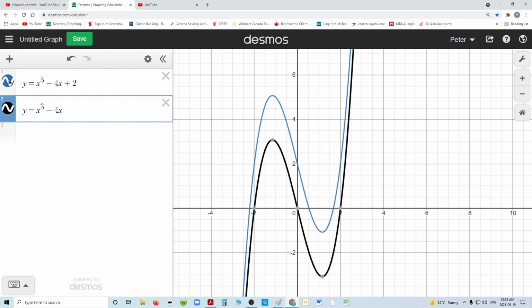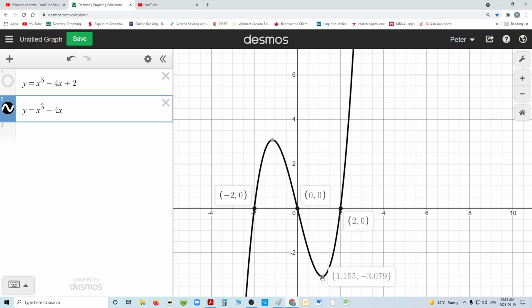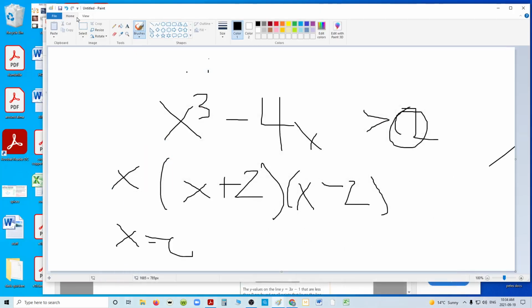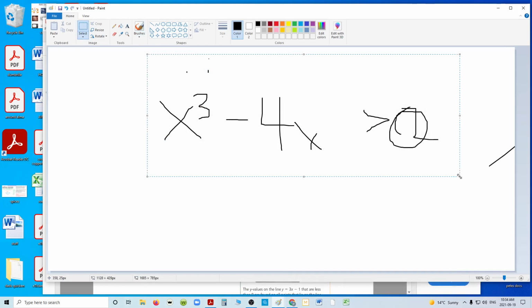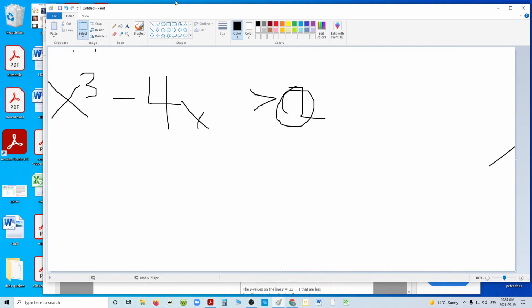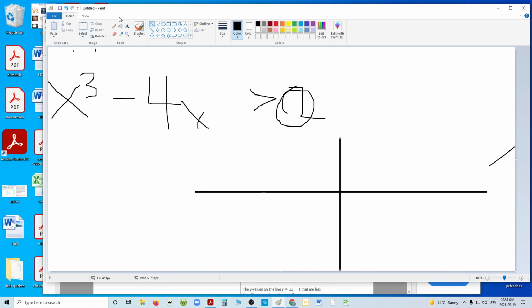It's the blue graph, but lowered by 2. And by solving the inequalities, all I did was identify the x-intercepts. I discovered minus 2, this, and 2. But I did not solve where it falls above and where it falls below. And that will come from your knowledge of graphs. So you're going to say, okay, well, that's a cubic, and it's got a positive leading coefficient. I know it's going to start in quadrant 3.